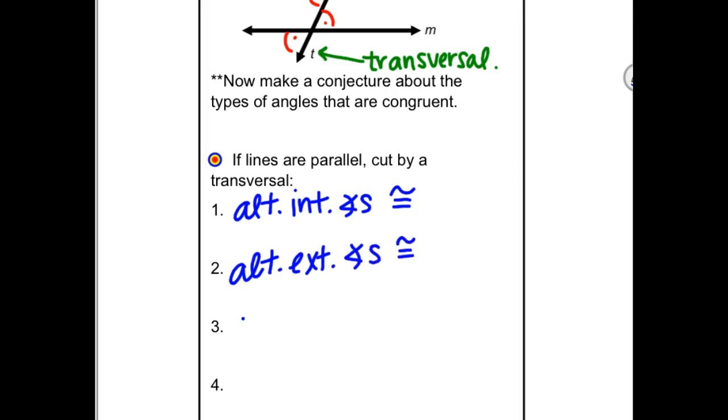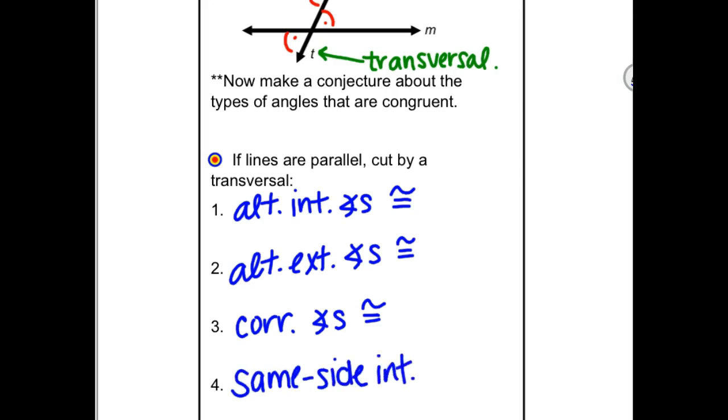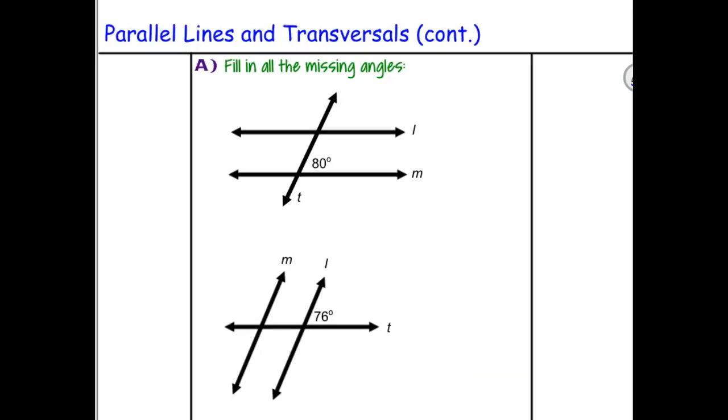That also tells me that corresponding angles will be congruent, as well as, this is my special one, same side interior, not exterior, but interior angles will be supplementary. So that's important to know as we get into this next piece.